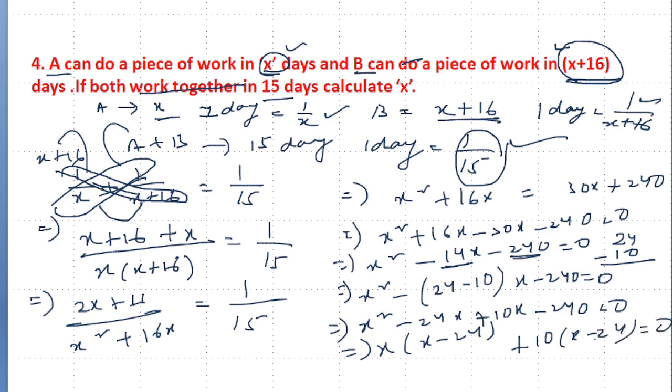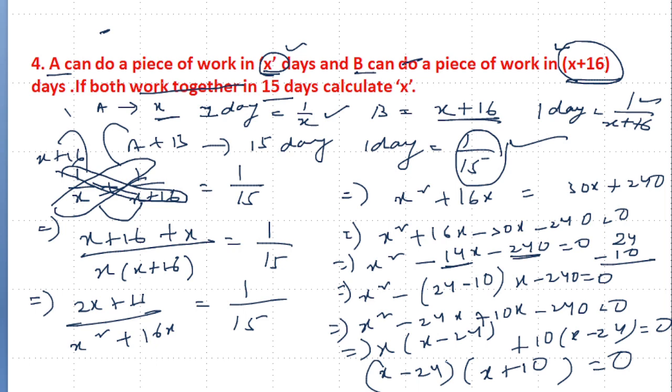Okay, so now let's go to the last page, so that we'll get enough place. Anyway, let's check it out here. So what the two things came? Here the two things came, that is x - 24 = 0 and x + 10 = 0.